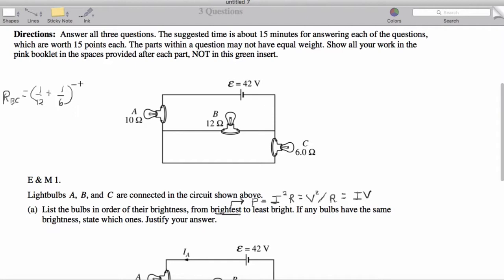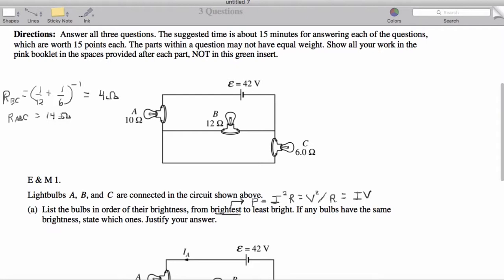And so that's going to give us a combined resistance of 4 ohms. And then we're going to have that in series with the 10 ohm bulb. So then RABC is going to equal 14 ohms.